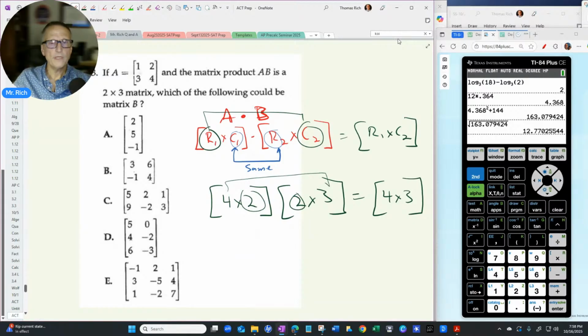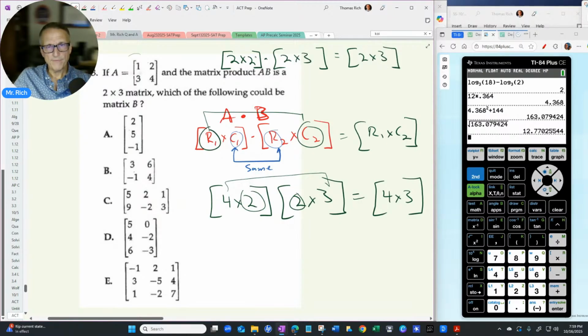In this problem, it's asking us, if A is a 2 by 2 matrix and the product is a 2 by 3, which could be matrix B. So if you're taking a 2 by 2, which is what matrix A is, and multiplying it by a matrix, and you're getting a 2 by 3 as a result, then we know that this has to be a 2 by 3, because you have to match those two, and you need a 2 and a 3 on the outside dimensions.